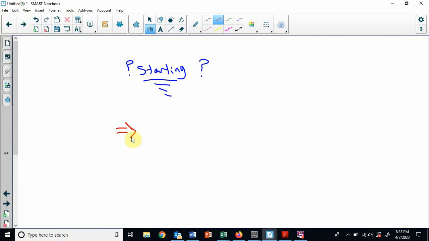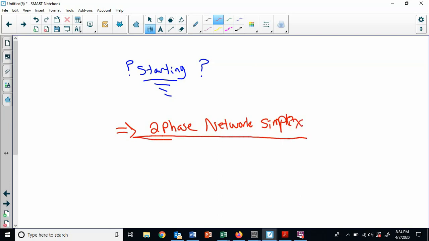Well, it should come as no surprise to you that there actually is a two-phase network simplex. And you should Google it. Some of the things you're going to see are probably going to be weird if you Google this, but there is a two-phase. Some of y'all are going to love this.